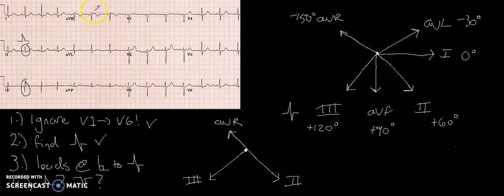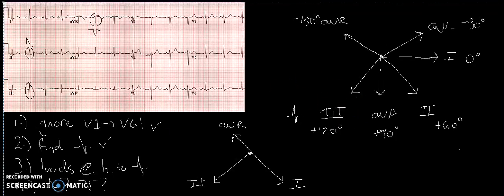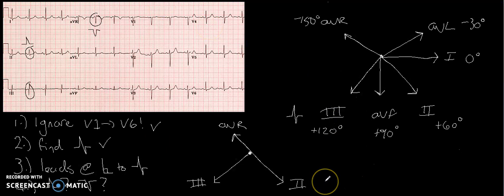Lead AVR over here has got a QRS complex that is mainly below the isoelectric line. So we can write into here on our diagram that lead 2 has a positive QRS complex and lead AVR has a negative QRS complex.